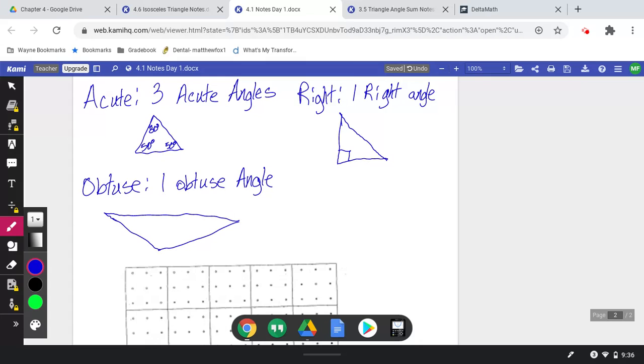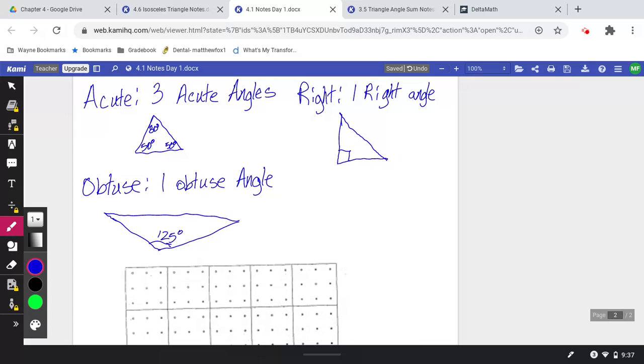So this angle here, say it's 125. Now you might notice the other two angles are acute. I agree with that. There's two acute angles and one obtuse angle, but it's called an obtuse triangle. Likewise with the right triangle, there's two acute angles and one right angle, but it's called a right triangle.